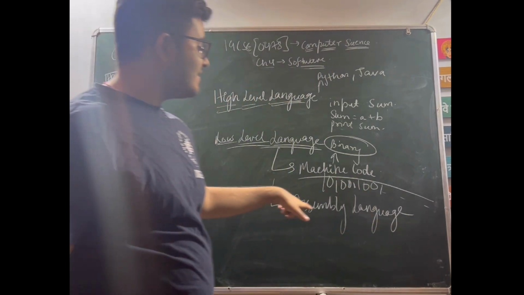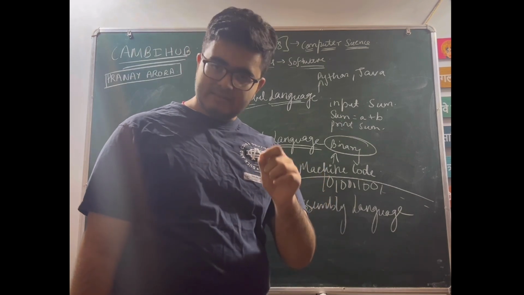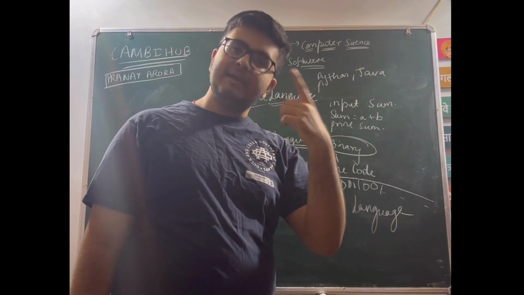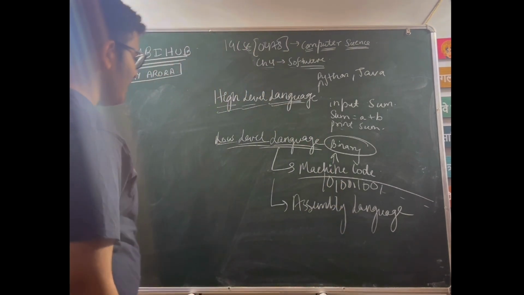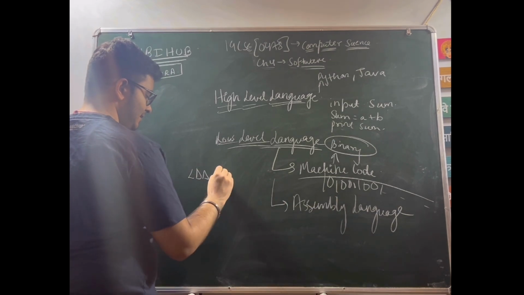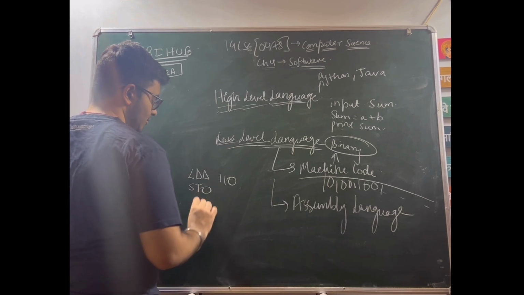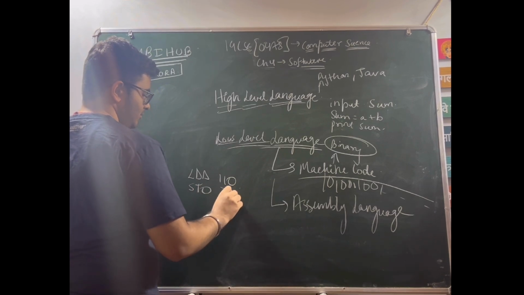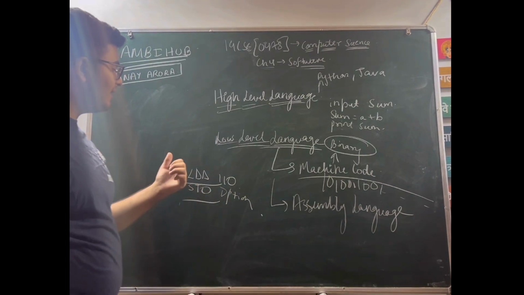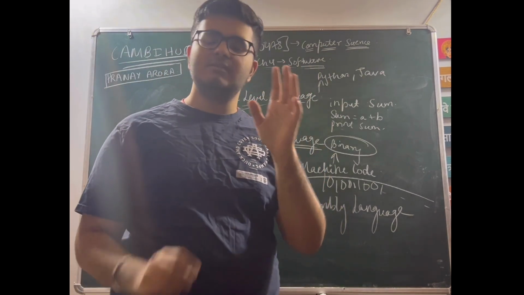How do you identify assembly language? Well, assembly language is something that an assembler translates into binary, into machine code, that you learn at AS level. But how do you identify assembly language? It looks like something like LDD 110, STO, and so on. If you see terms like this, STO means store, LDD means copying the data of that address into a place.